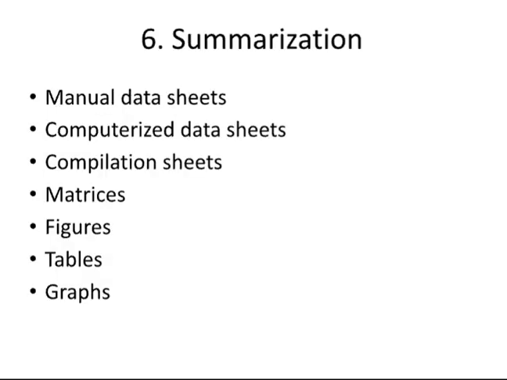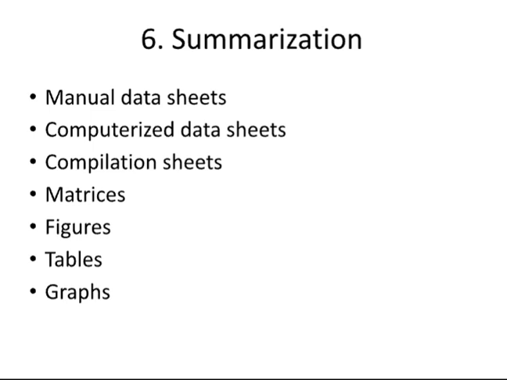We have seen identifying data, editing, coding, classification, tabulation, and the last one is summarization. Whatever has happened, you summarize it in figures, tables, graphs and matrices. So we say it is summarization. Manual data sheets, computerized data sheets, compilation sheets. You can summarize it in manual data sheets; we say it is a master data sheet.